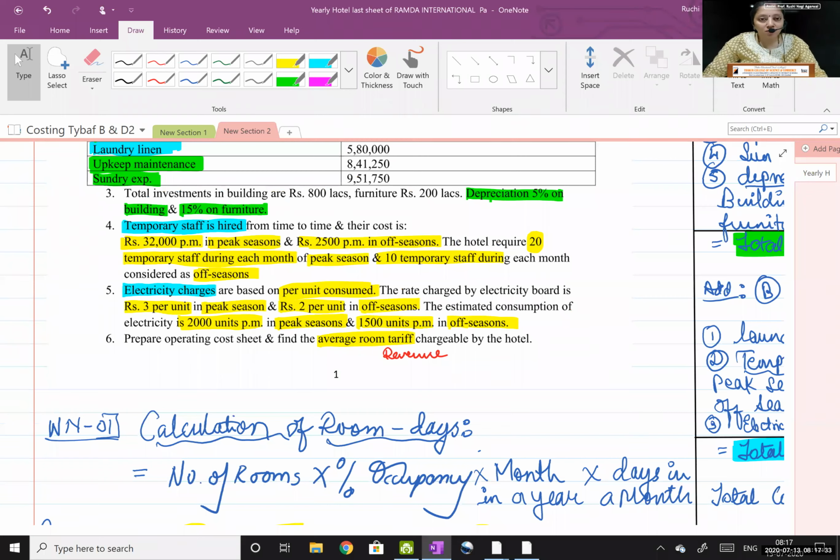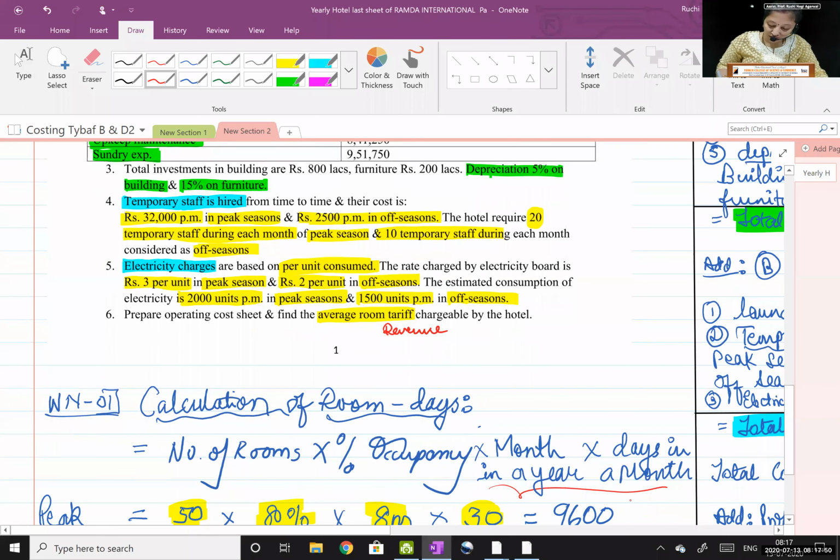Number of rooms in the hotel, percentage occupancy, months in a year, and days in a month. Right? So this will indicate you yearly.